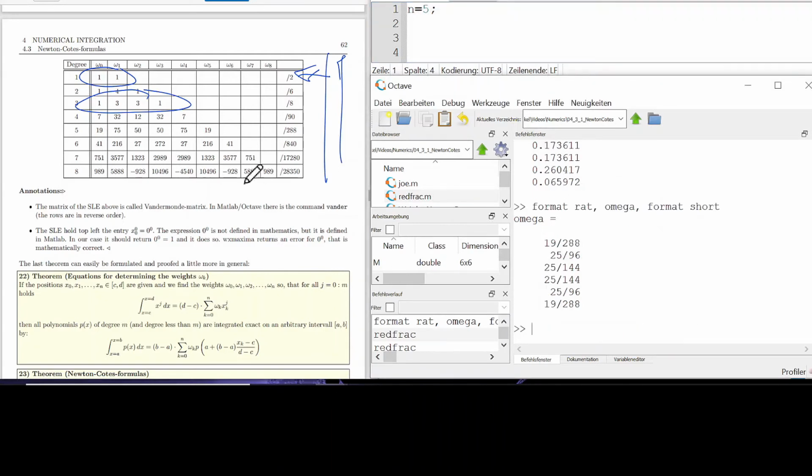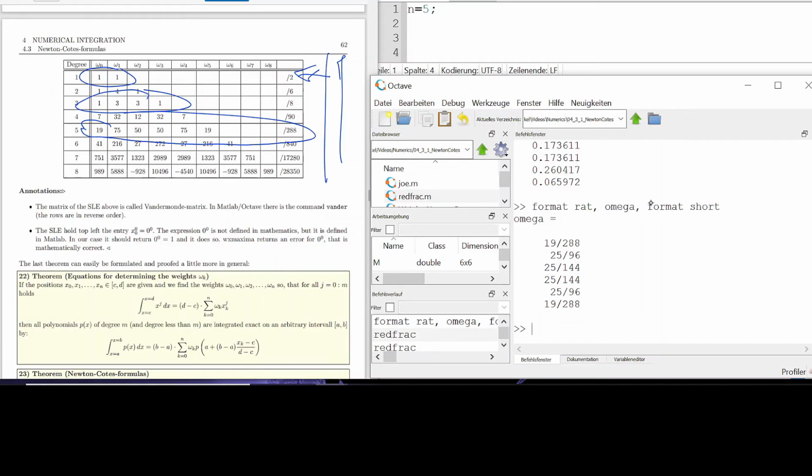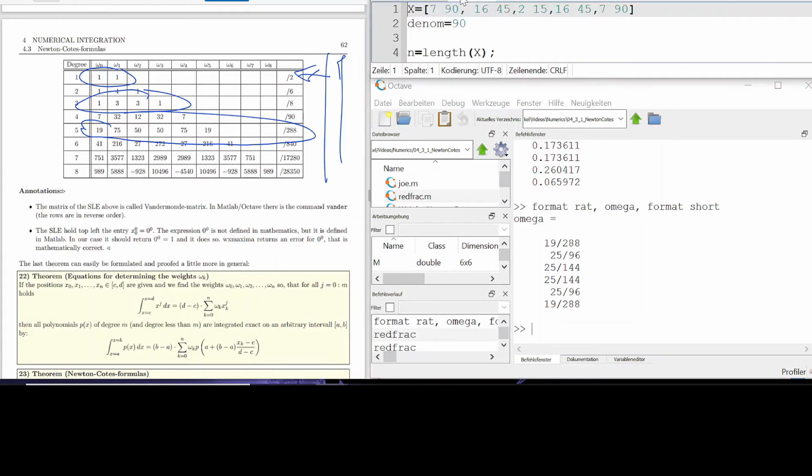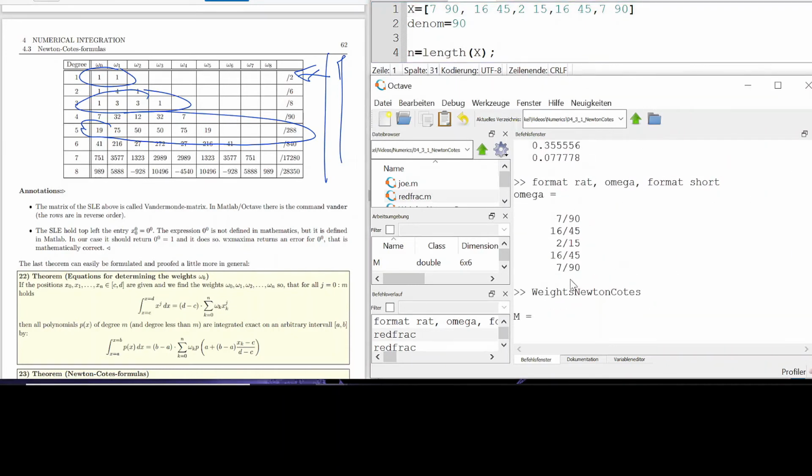Let's run the code for 5. And we get that tabular, and now it's not very much fun to compare that with that. And so I wrote some code to do that comparison. Here I entered this answer, 7 divided by 90, 16 divided by 45, 2 divided by 15, 16 divided by 45, and 7 divided by 90.